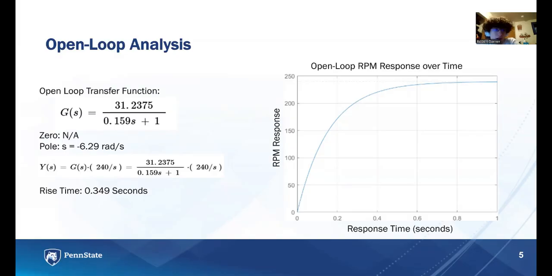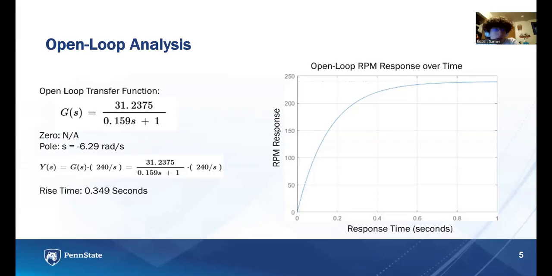The open loop function has no zeros, since no value of s makes the numerator equal to 0. There is a pole at s equals negative 6.29 radians per second, found by setting the denominator equal to 0 and solving for this. Since there is only one pole which lies on the negative real axis, the open loop system is inherently stable and does not oscillate.